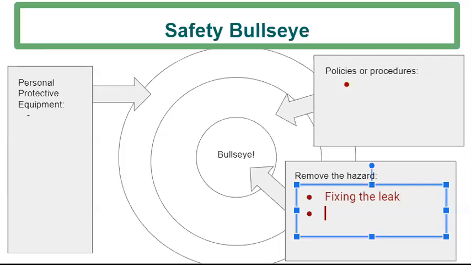Yeah, that would solve it too, because then it wouldn't make it to the floor. Absolutely. So I think that is really the key here: what can we do to stop the liquid, the water or the grease, from making it to the floor?